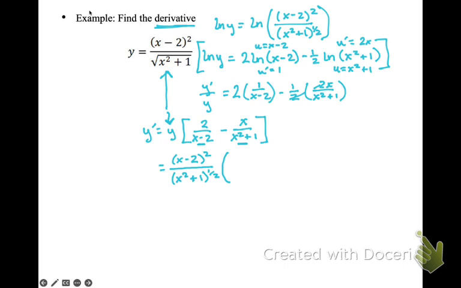So then I would have 2x squared plus 2 minus x squared plus 2x, all over x minus 2 times x squared plus 1.